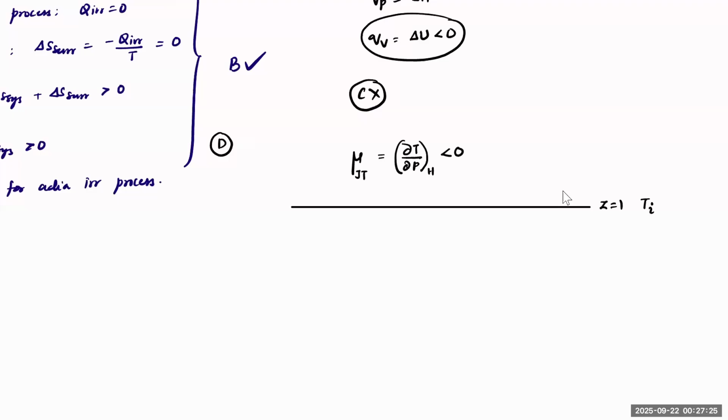What does that mean? If the gas is adiabatically expanding, that means the pressure is decreasing. If pressure is decreasing, then temperature is increasing, because above this inversion temperature, repulsive forces between the particles are more dominant, and Z is greater than 1.